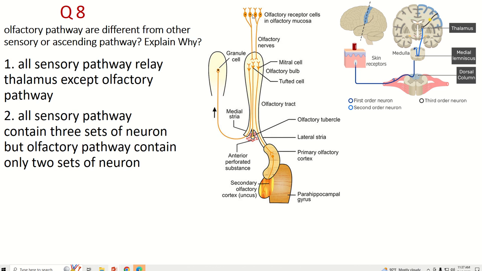This is the first order neuron, this is the second order neuron, and this second order neuron directly enters the primary olfactory cortex, bypassing the thalamus. But in any other ascending or sensory pathway, the dorsal root ganglion has the first order neuron, this is the second order neuron, and the thalamus is the third order neuron. All sensory pathways are related with the thalamus except olfaction. The olfactory pathway directly stimulates the primary olfactory cortex.